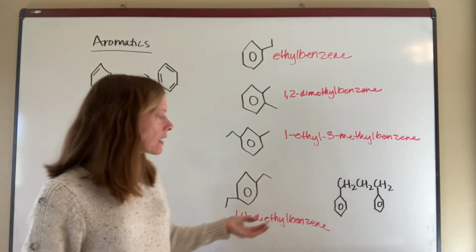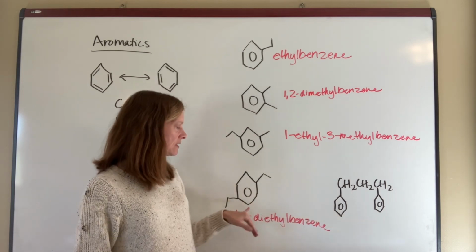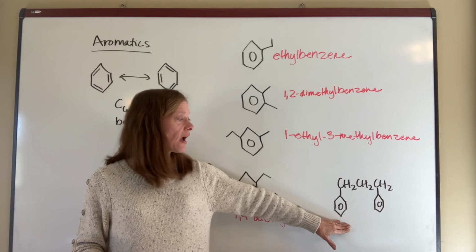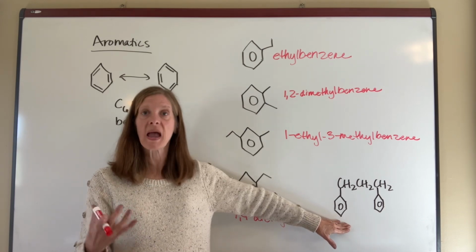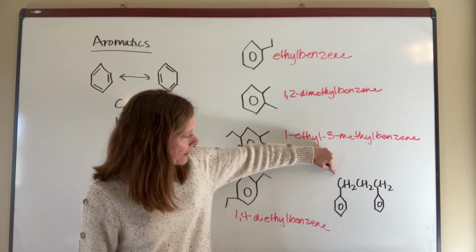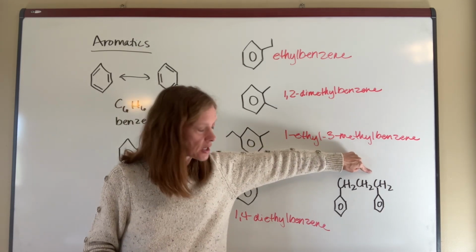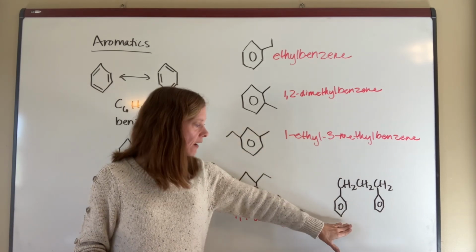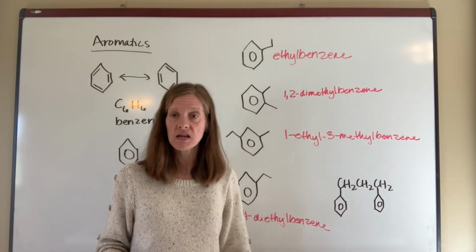It is also possible, in place of naming this as a benzene, sometimes I can name that benzene ring as a group hanging off of another parent chain. And so here I have 1, 2, 3, a parent chain of 3, which is going to be a propane. And I actually have 2 benzene groups hanging off of it.